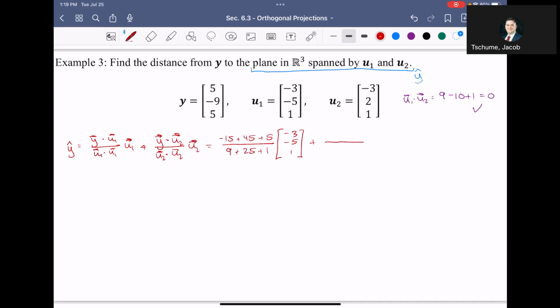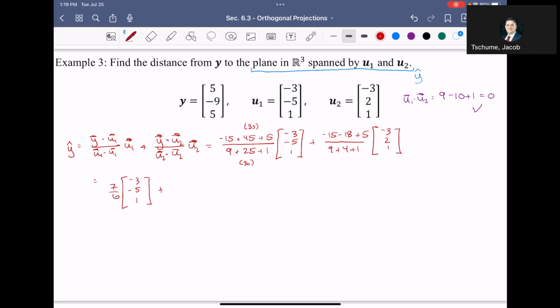Plus y dotted with u2 would be negative 15 minus 18 plus 5 over u2 dotted with itself, which is 9 plus 4 plus 1 times u2. So figuring out your scalars here, that's going to end up being 30. That's 35 on top. And on the bottom, that's going to be 30. So 35 and 30 both share a 5 in common. So that's going to end up being 7/6 times my first vector.